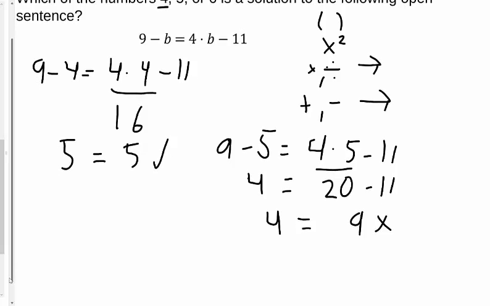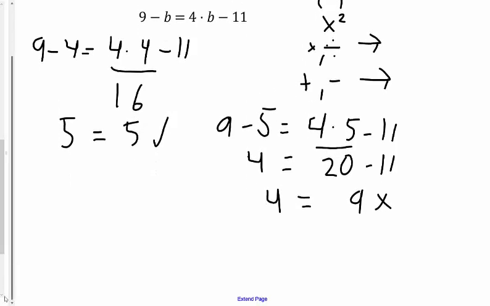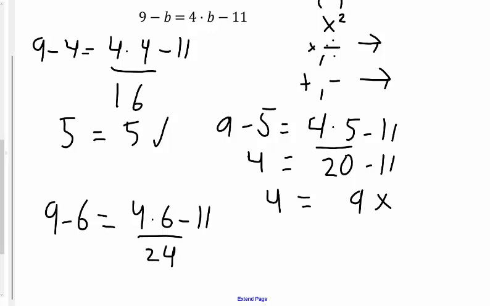All right, so let's try our last case, which is 6. We have 9 minus 6 equals 4 times 6 minus 11. All right, 4 times 6 is 24. 9 minus 6 is 3, equals 24 minus 11, which is 13. 3 is not equal to 13, so that's not the answer.